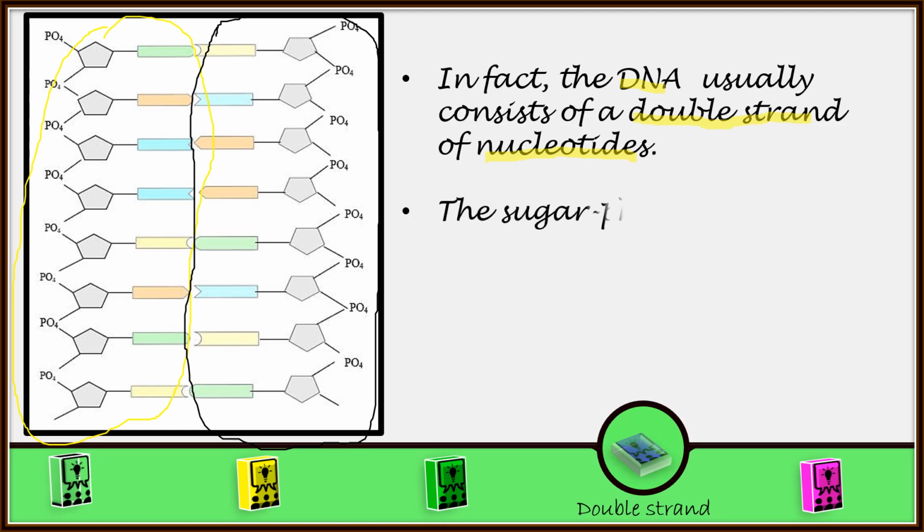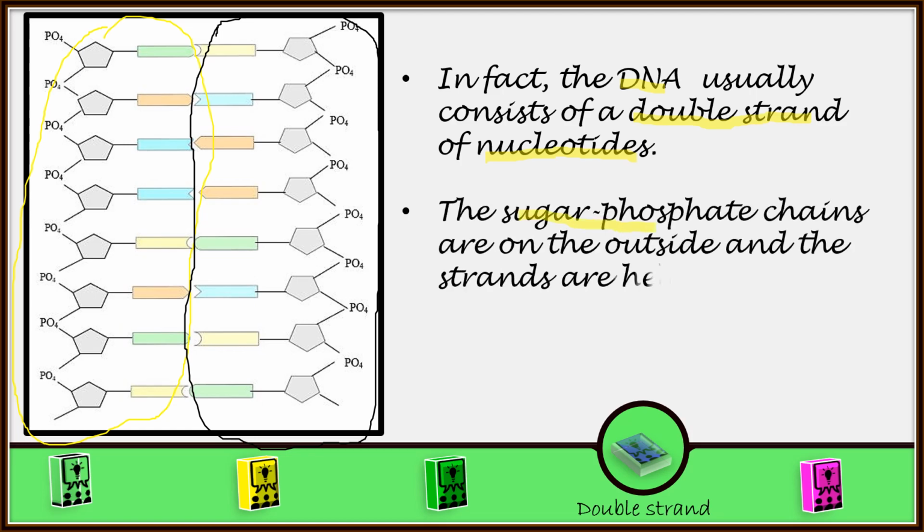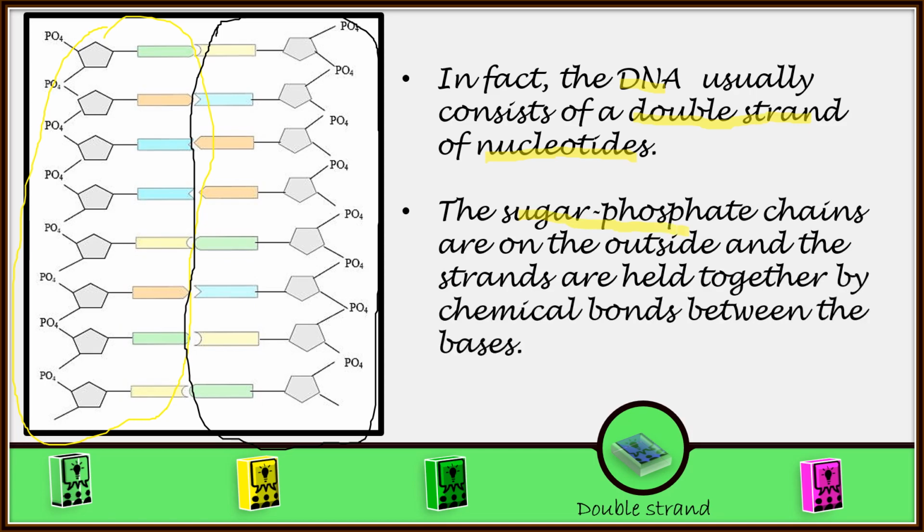The sugar phosphate chains are on the outside of the strands and are held together by chemical bonds between the bases. So what we call the outside strand is this one here, which is made up of the sugars and the phosphates.